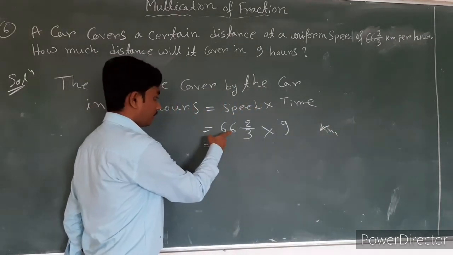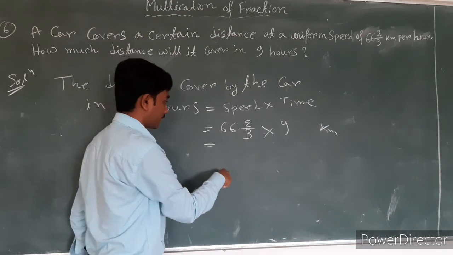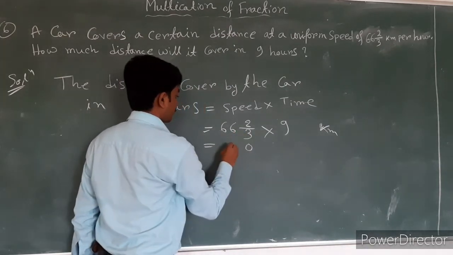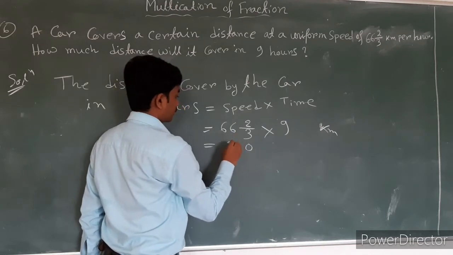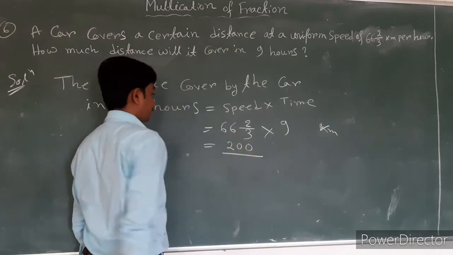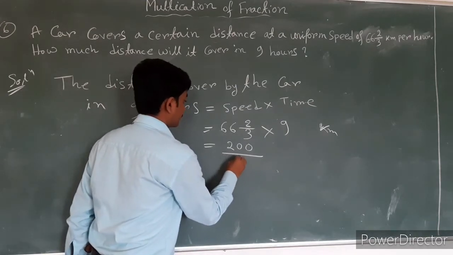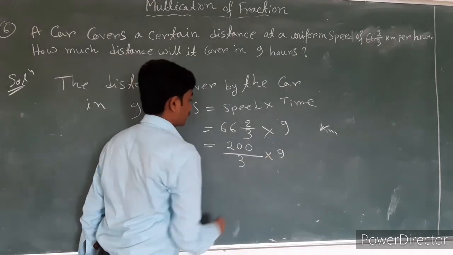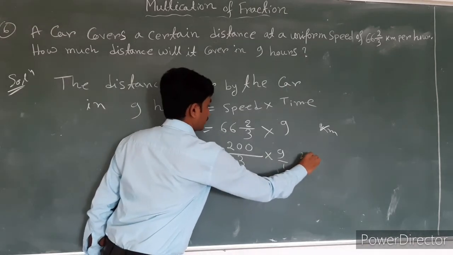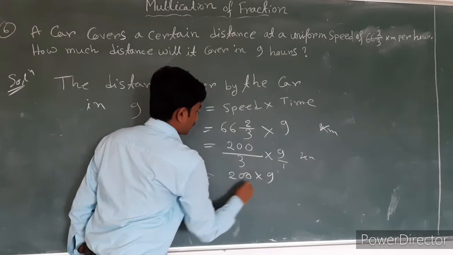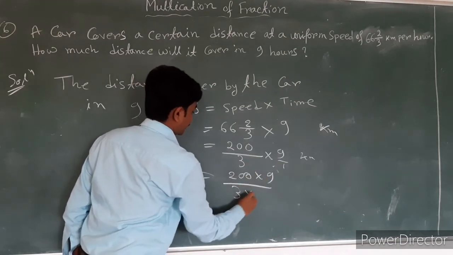Next we convert the mixed fraction into an improper fraction. Kilometers. So product of numerator upon product of denominator.